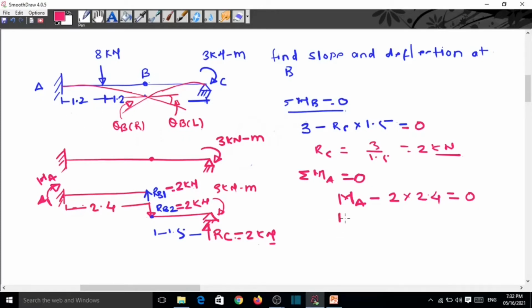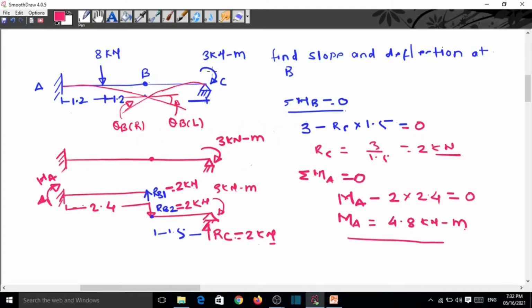So this MA is equal to 4.8 kilonewton meter. So this answer is clockwise, which is correct.